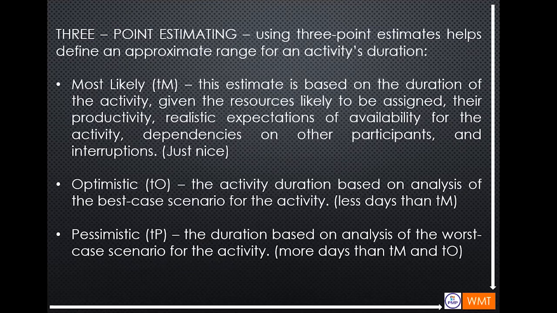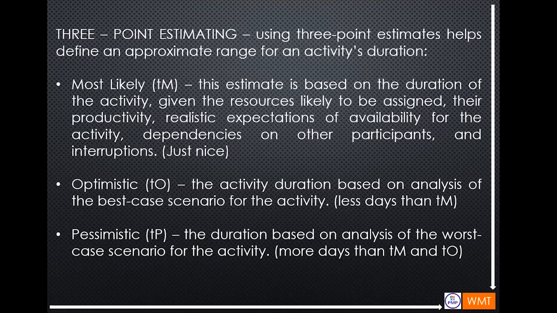In short, just nice. And then for optimistic, the activity duration is based on analysis of the best case scenario for the activity. So this duration is fewer days than the most likely.